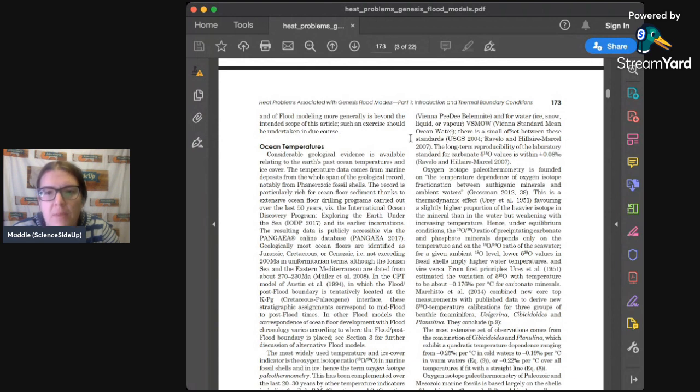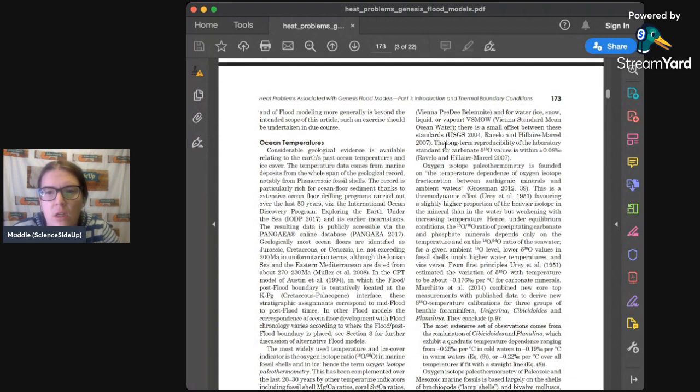There's a small offset between these standards. Cool. The long-term reproducibility of the laboratory standards for carbonate oxygen 18 values is within plus or minus 0.08 per mil. Great. So it's a really stable thing that we know.